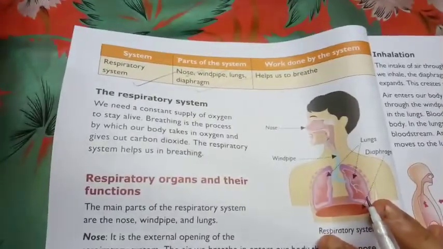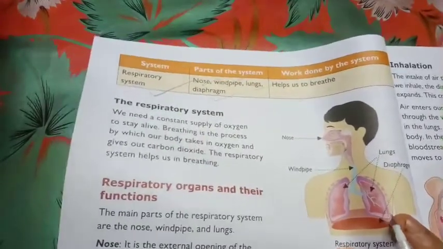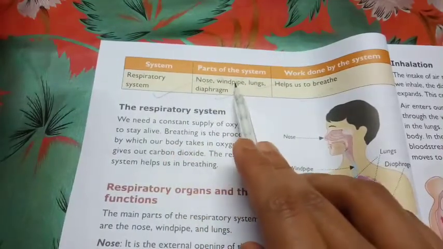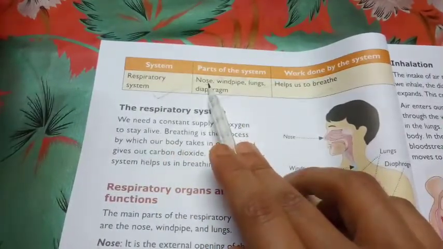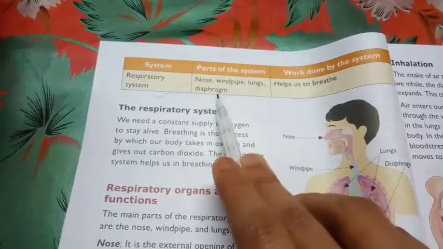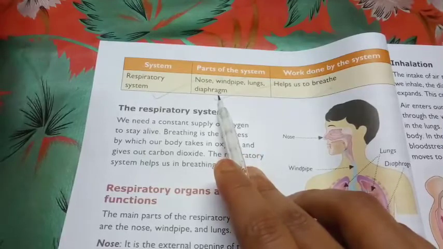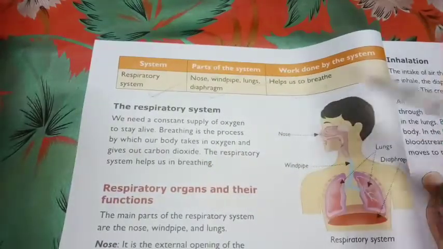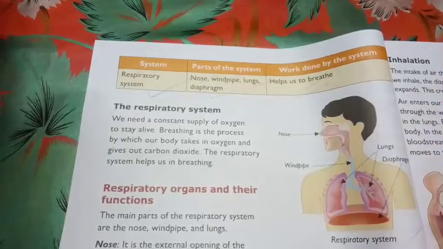Otherwise, I will show you the TLM related to this respiratory system in the class. So in the respiratory system, the organs are nose. All of you know which one is your nose. Next we have our windpipe, lungs, diaphragm. What is the function performed by our respiratory system? That is, it helps us to breathe. Oh sorry, the diagram for the respiratory system is there.